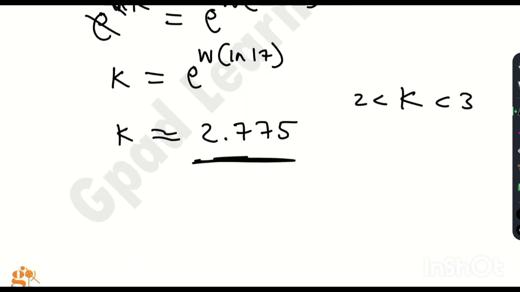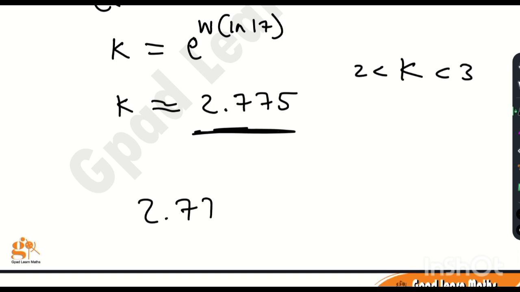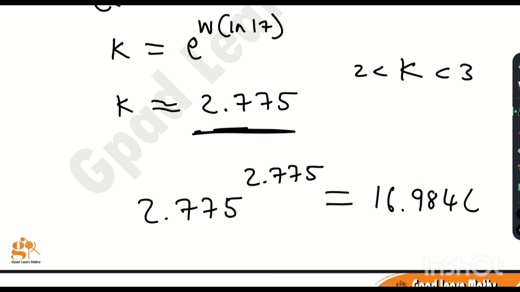If you put this into a calculator, 2.775 raised to the power of 2.775, you are going to get 16.9846, which, if you decide to round this up even to one decimal place, it rounds off to 17.